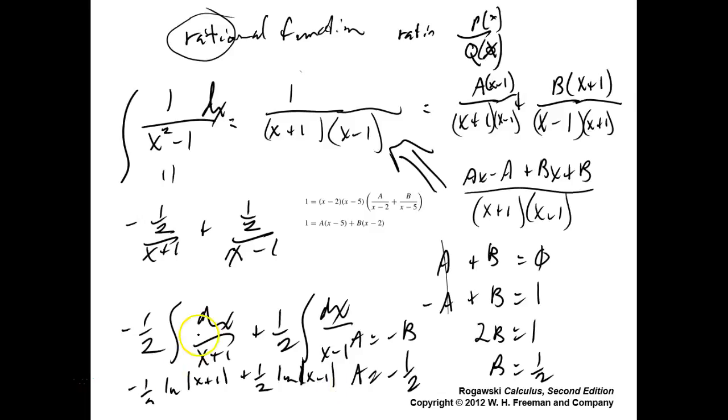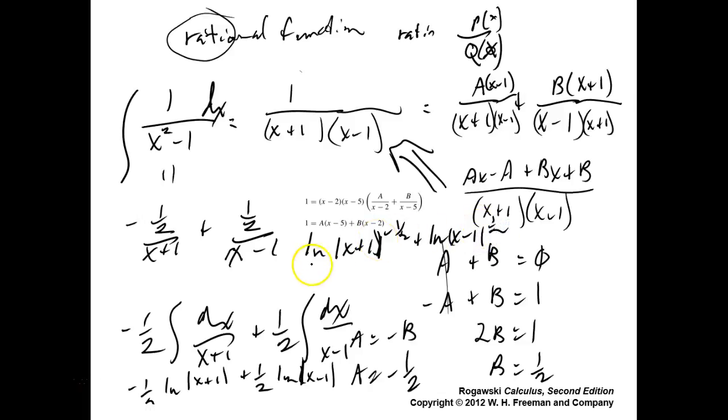And you could rewrite this as natural log of x plus 1 to the minus 1/2 plus natural log of x minus 1 to the 1/2.